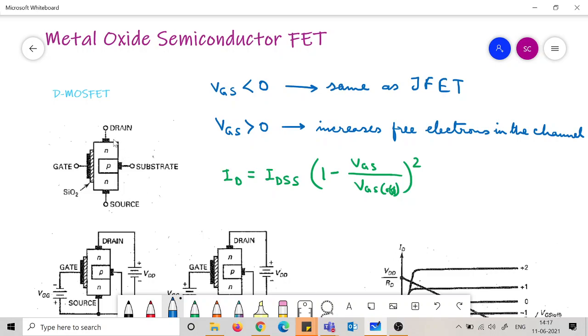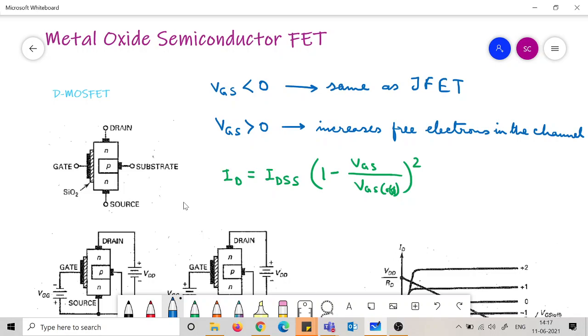But what is the speciality of the D-MOSFET? How would it be different from the JFET? So we have made some difference in the arrangement and the construction, at least to bring about some new functionality.